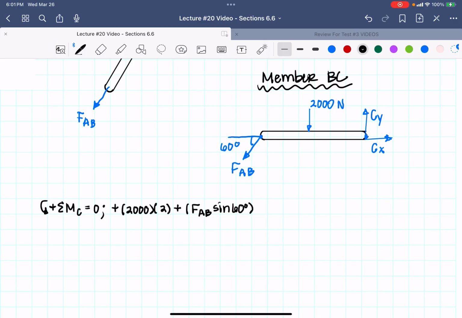And its distance is going to be that whole length, which is 4, and that equals 0. Notice the component of FAB that is going horizontal, its line of action goes through C, so we're going to ignore it. We're only going to use the vertical component.